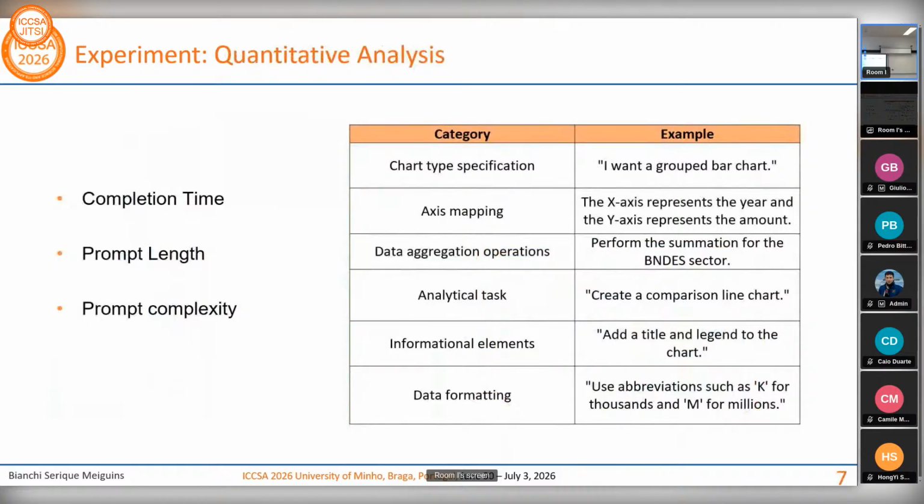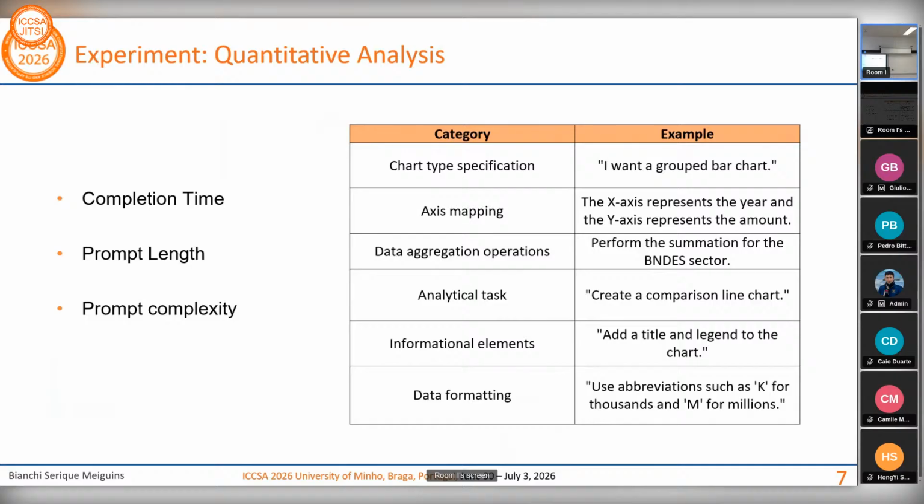The quantitative analysis considers three main variables. Completion time is the time to complete the task. It measures how long the participant took to finish the task. Prompt length measures the size of the prompt in tokens. A token is not necessarily a complete word, it can be part of one.